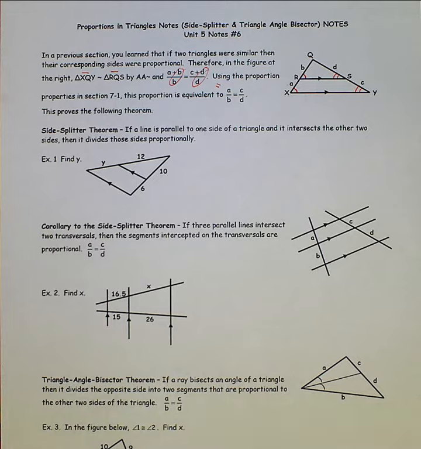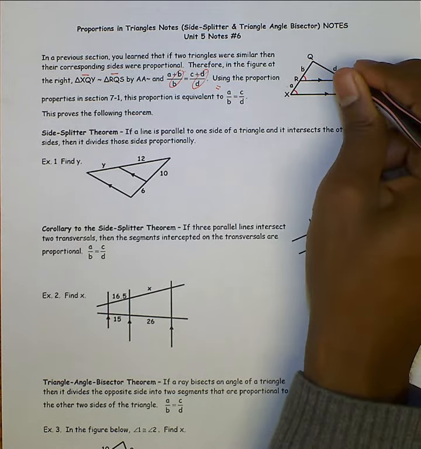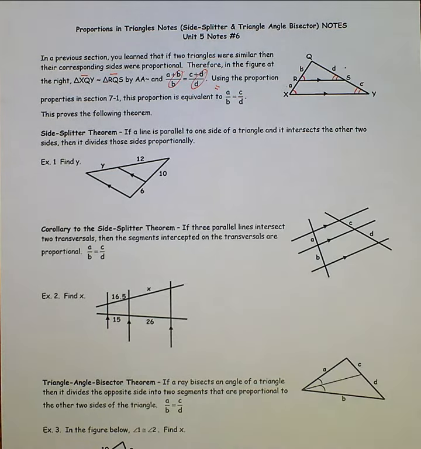In that proportion we have A over B equals C over D. That is called the side splitter theorem, and it just says if a line is parallel to one side of the triangle and intersects the other two sides, then it divides those sides proportionally.